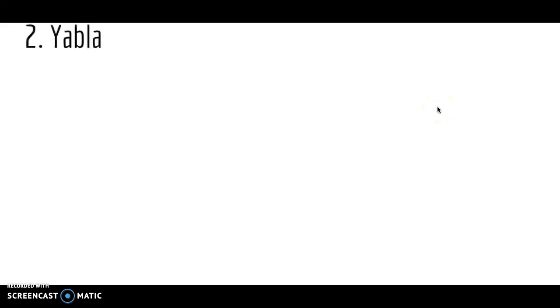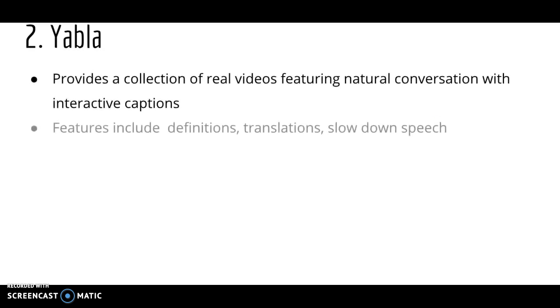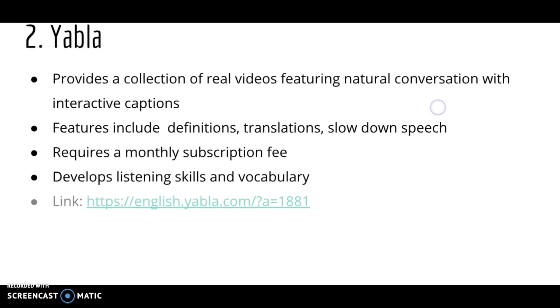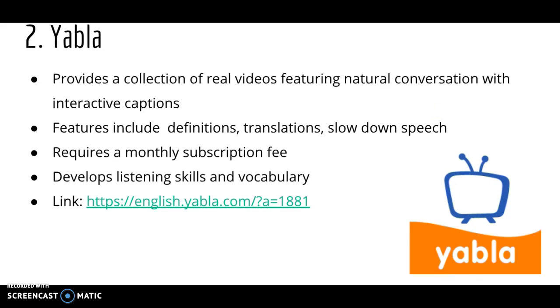The second example that I have is Yabla. Yabla is a website which has a collection of real videos of natural conversations, and the great thing about it is that they have interactive captions, which means that on the captions underneath the video, students can click on words that they don't understand to get a definition or translation.